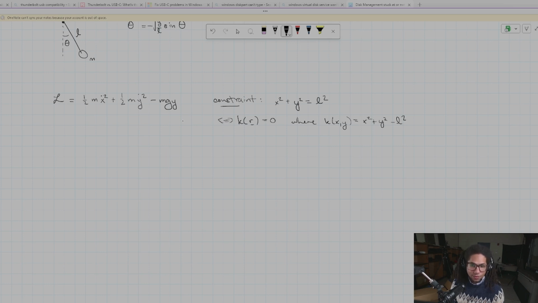Okay, so the Lagrange multiplier method is going to involve amending this Lagrangian, changing it in a specific way. I'm going to write a new Lagrangian, which is the old Lagrangian minus a function lambda. So lambda is going to be a function from the reals to the reals, and lambda is going to take in time.